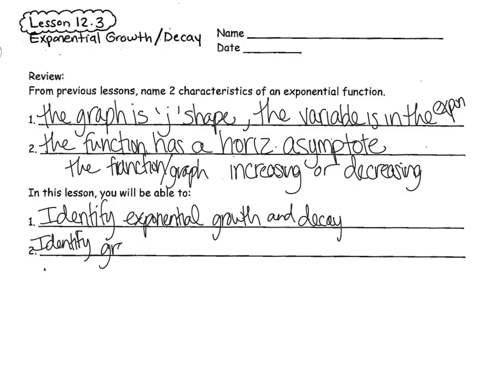We're going to talk about how it grows, growth or decay factor, the rate at which it grows, and the initial value. These are all words, these three words, growth and decay factor, the rate, and the initial value.